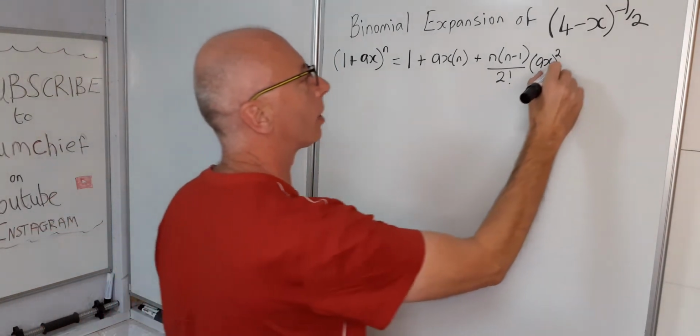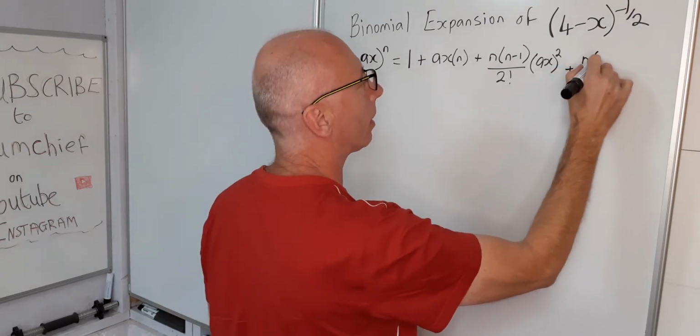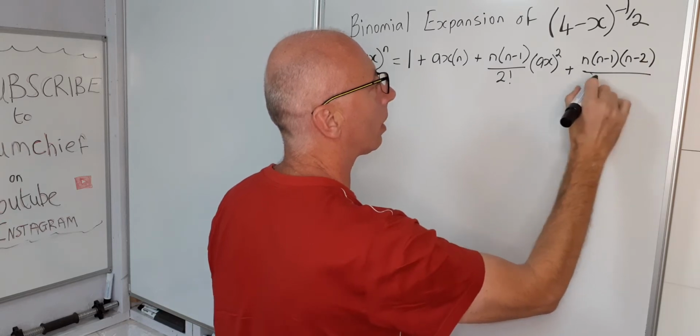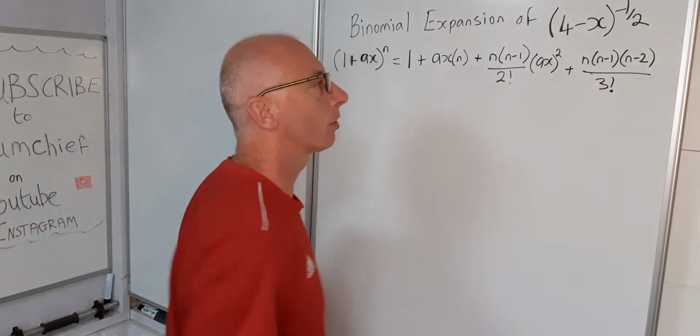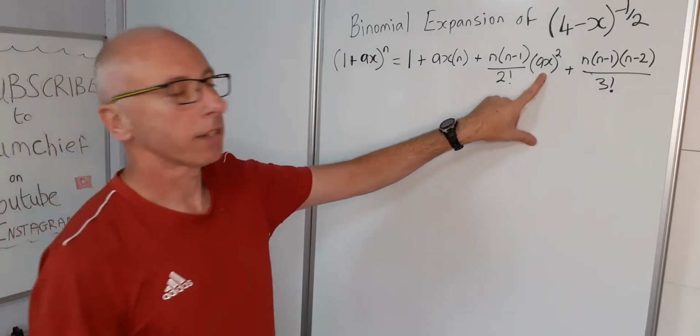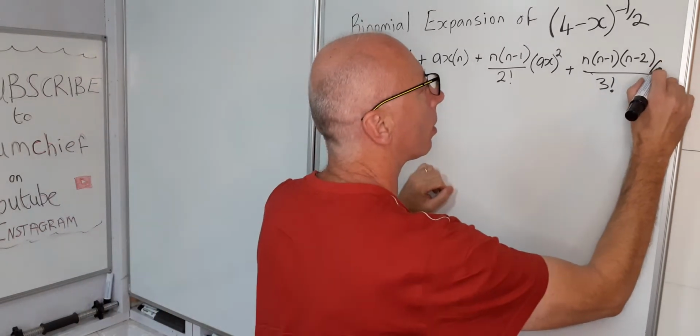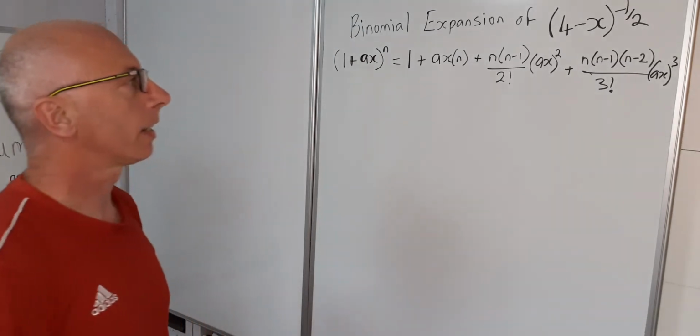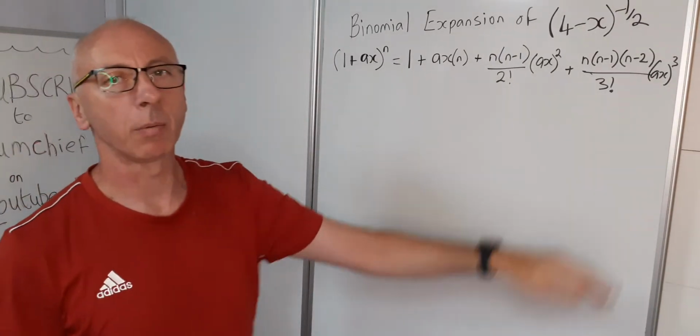Next term we add n times n minus 1 times n minus 2, this time over 3 factorial, and ax cubed. Okay, so that's our layout for how we're going to do the question.